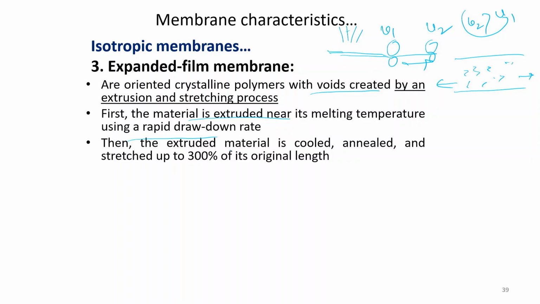The extruded material is then cooled, annealed, and then stretched up to 300% of its original length. Before we stretch we cool it down and then anneal it to set the polymer film, and after that we stretch it up to 300% of its original length. During this stretching the cracks are created.